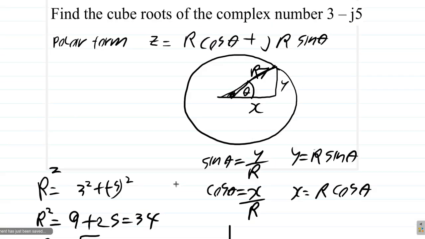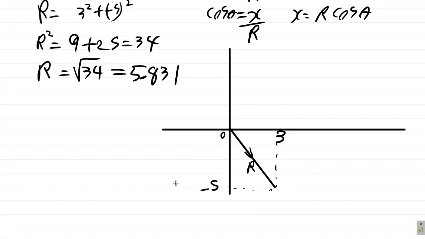Now, what is theta? You can get an angle, call it alpha, this angle. But theta, you want to measure it in an anti-clockwise direction, from the x-axis.